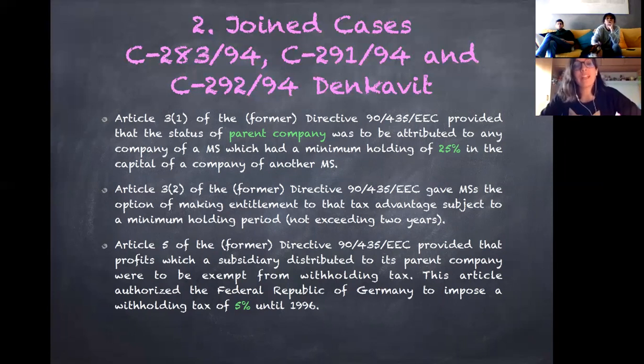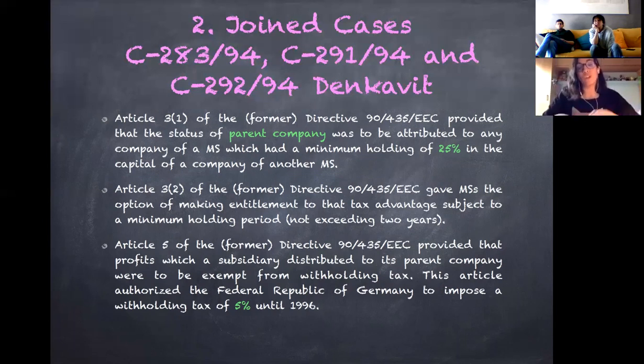Article 3.2 of the former directive gave member states the option of making entitlement to that tax advantage subject to a minimum holding period of, for example, 2 years. This was the top possibility, 2 years.